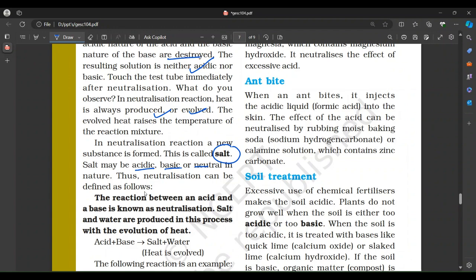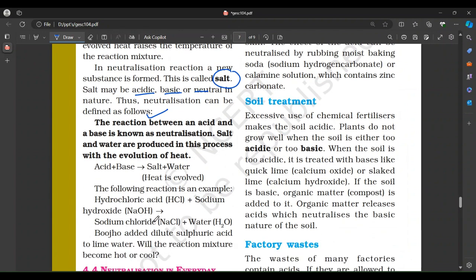So thus neutralization can be defined as follows. The reaction between acid and base gives salt plus water, and heat is evolved. This is the neutralization process. The reaction between an acid and a base is known as neutralization, and salt and water are produced in this process with the evolution of heat.